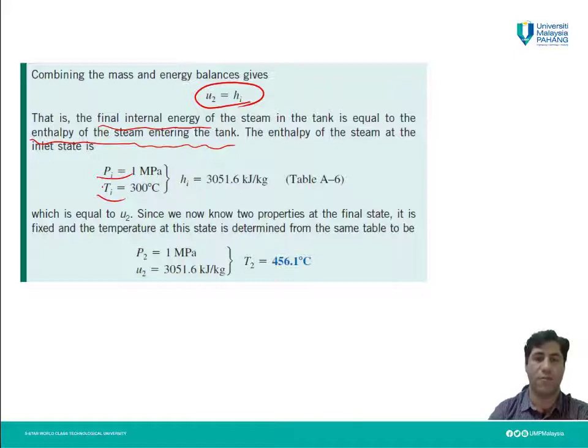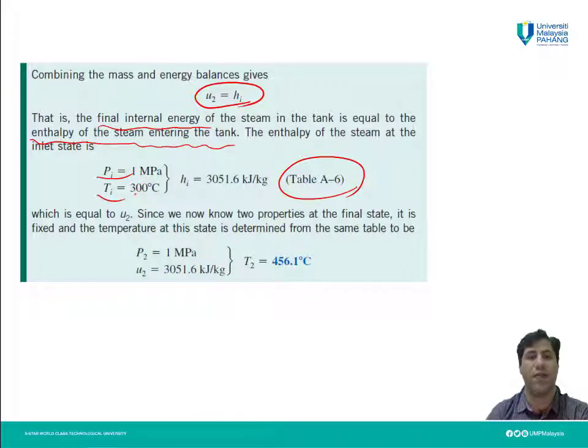By this information, we can go to table A6, which is for superheated steam. If we compare the properties which we have here, we can understand we have a superheated vapor of water.